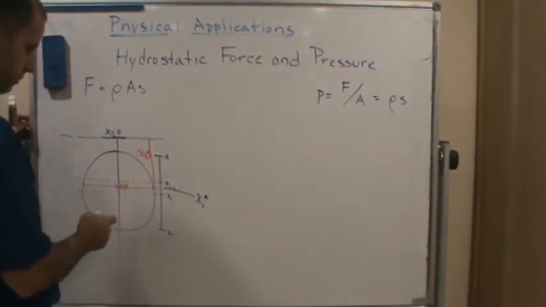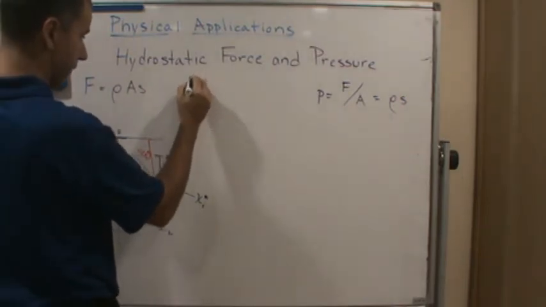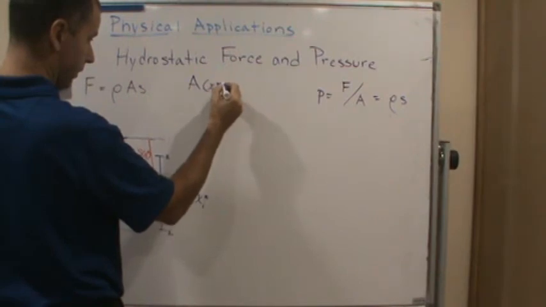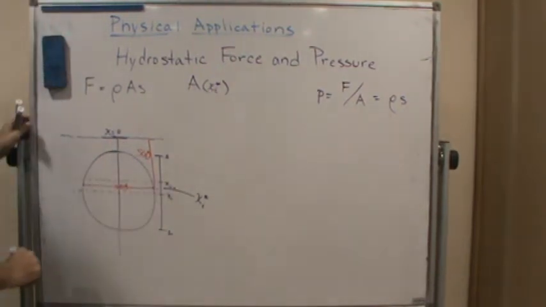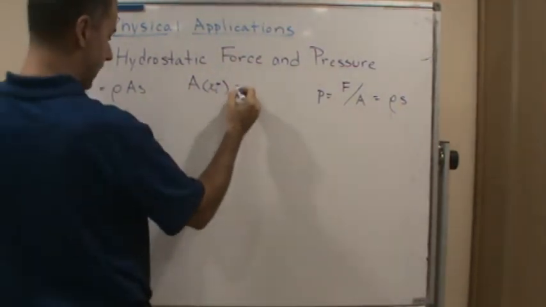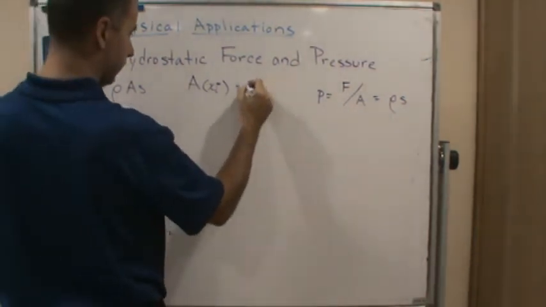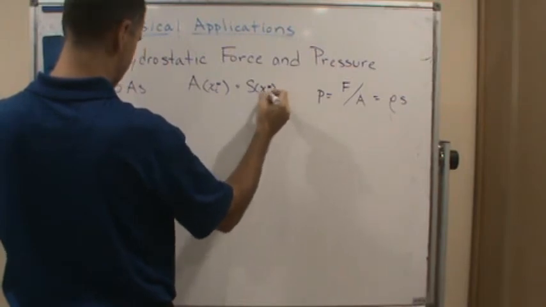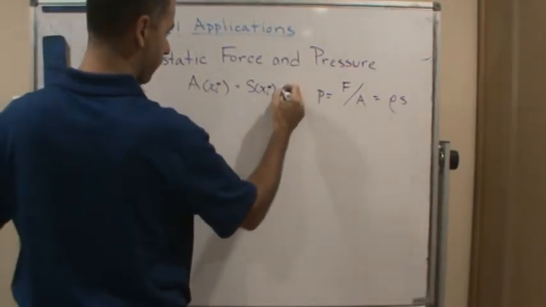The area in terms of x sub i is going to be length times width, so s of x sub i star times the width.